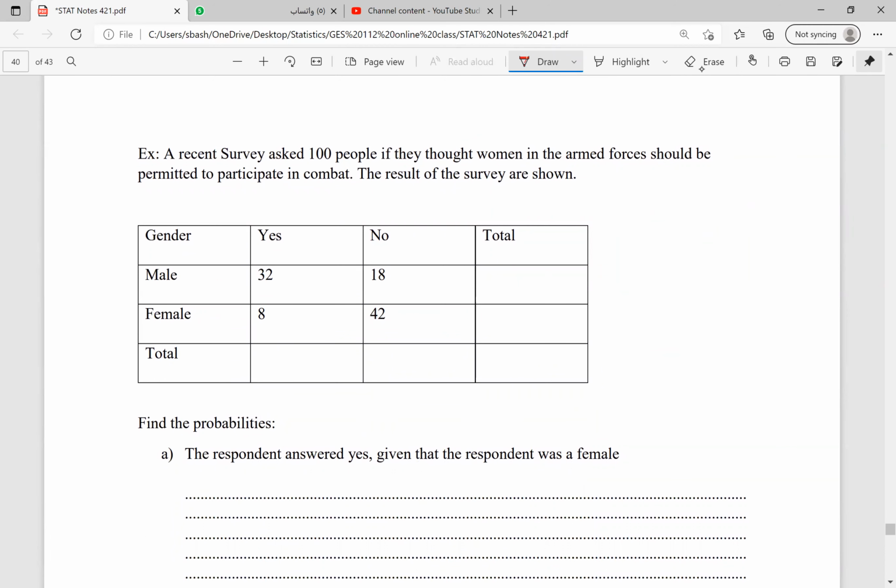Let's see this example. A recent survey asked 100 people if they thought women in the armed forces should be permitted to participate in combat.